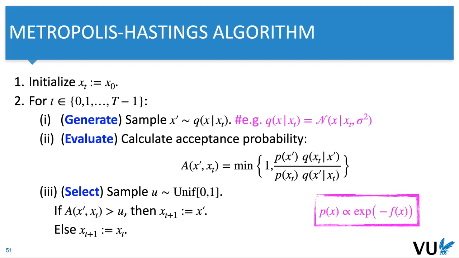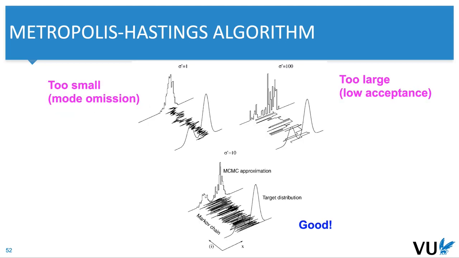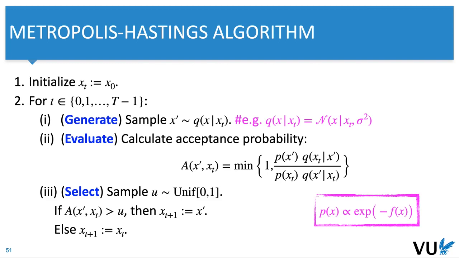And for P of x, we need to know exactly what this distribution is, or at least we need to know the unnormalized probability, as it's called. For instance, it could be e to the power of minus f, where f is, for instance, energy or our objective function, okay?